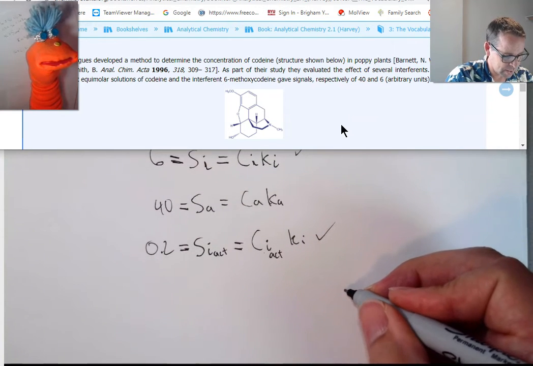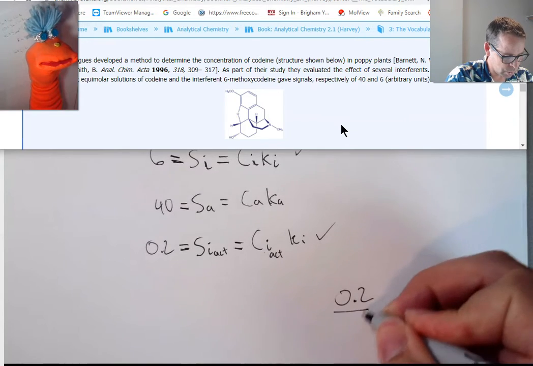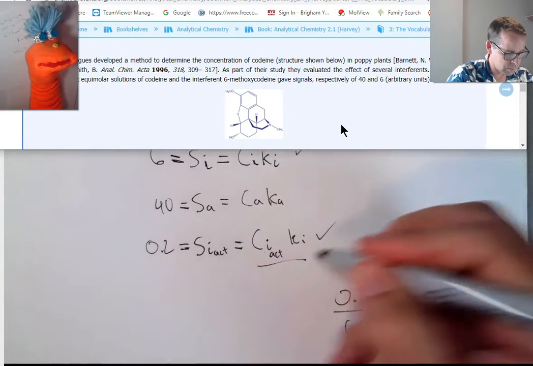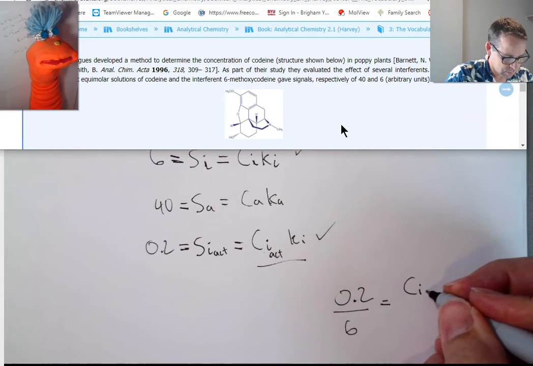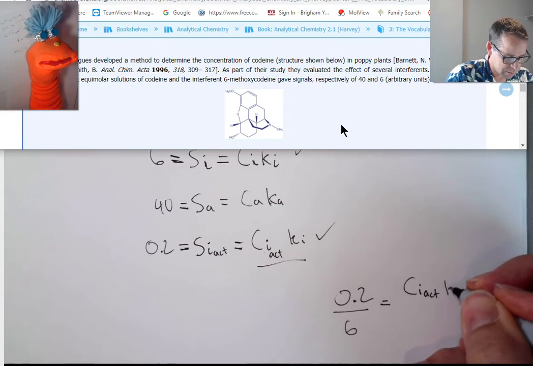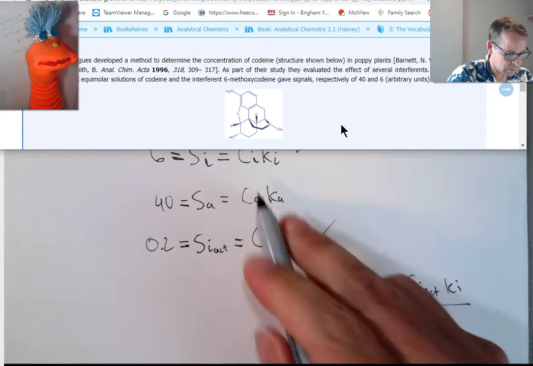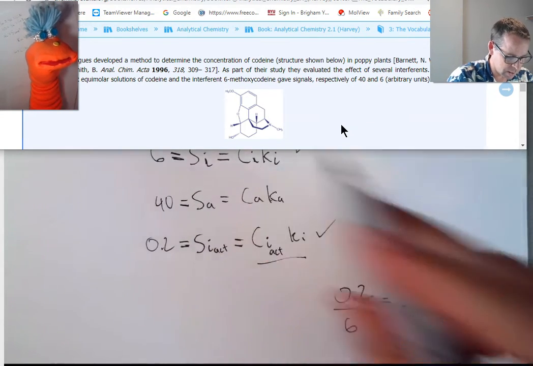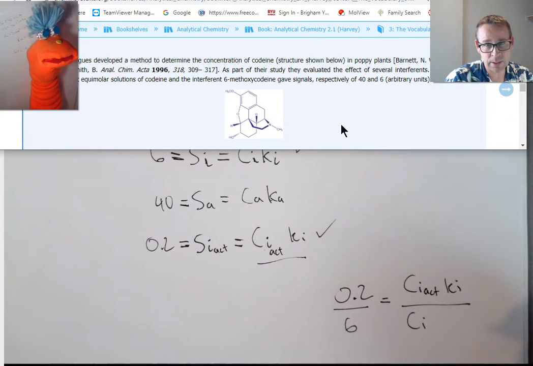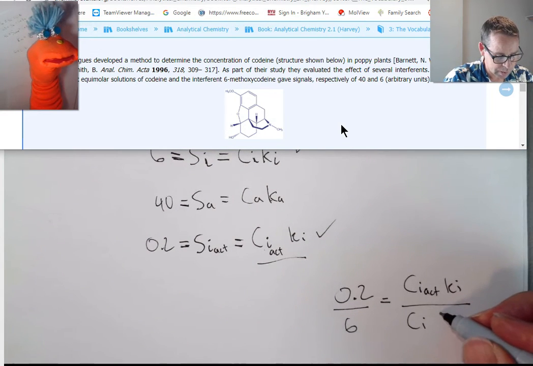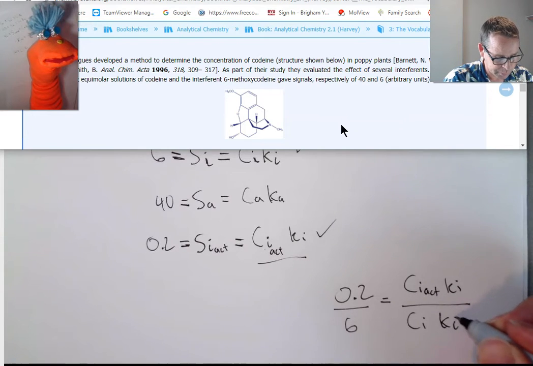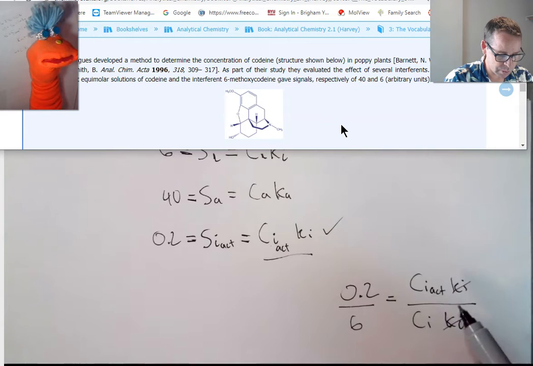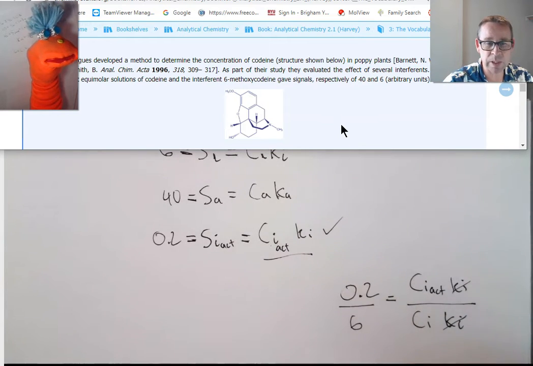So if I say that 0.2 over 6 equals this acceptable Ci times the Ki over Ci times Ki, and this is the Ci at whatever concentration. They didn't tell us what that concentration is. The Ki's cancel out, and I'm left with this ratio equaling the Ci acceptable over Ci.